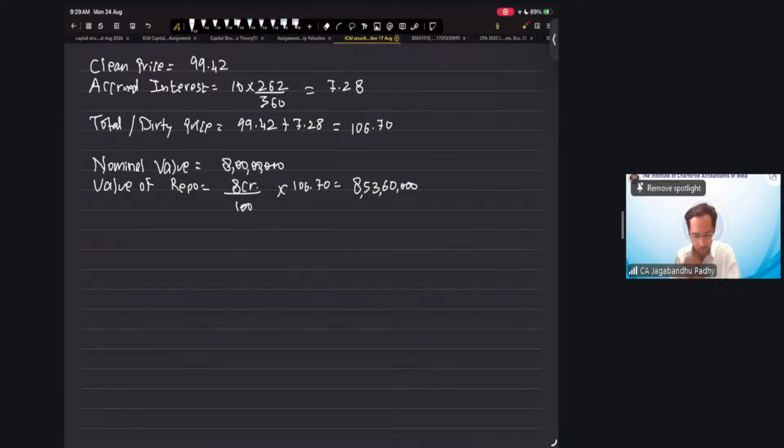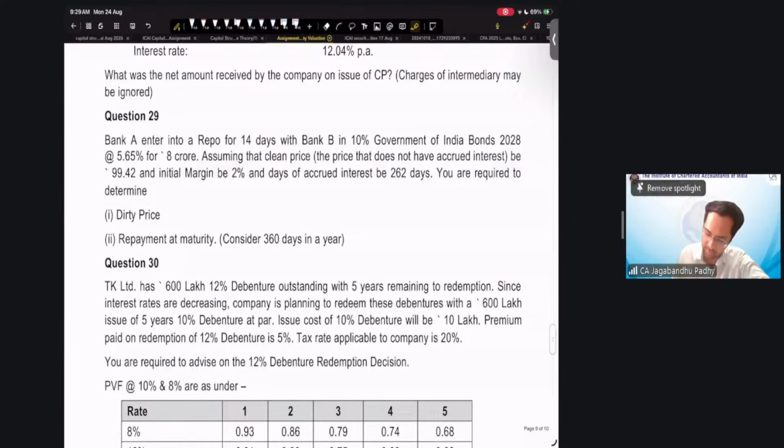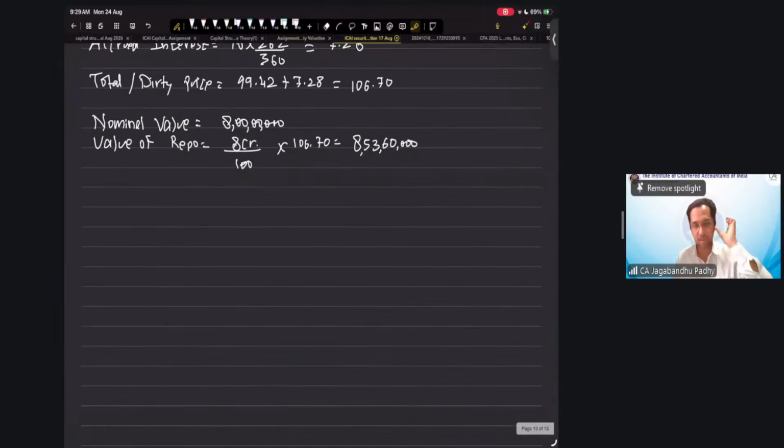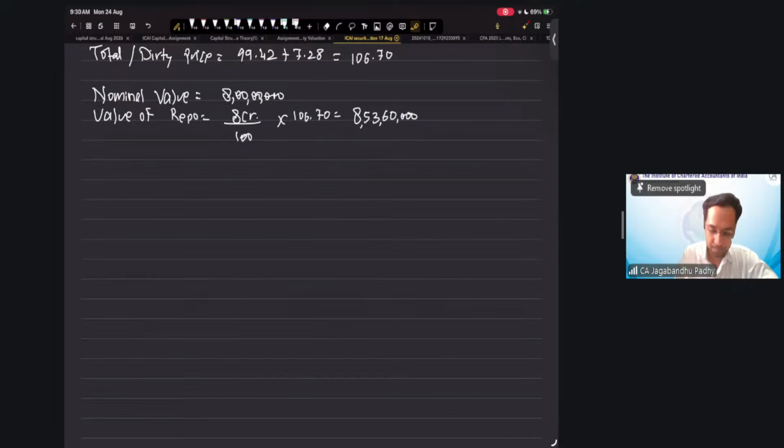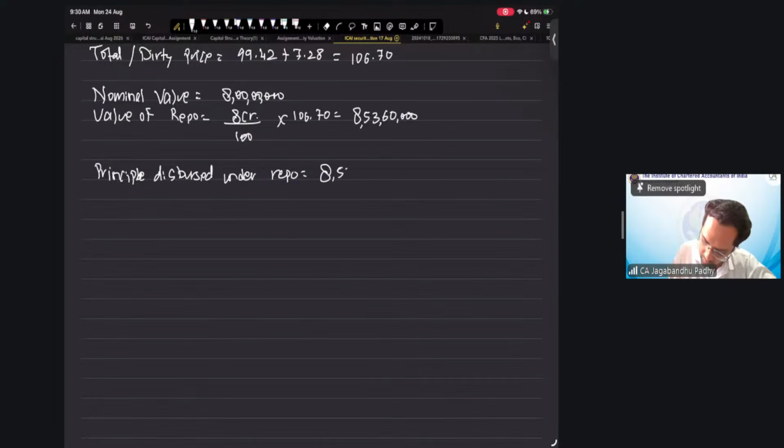But are we going to get this full value? No, we are not, because the question says there is a margin of 2%. If the margin is 2%, what will be the principal disbursed under repo? It will be 8 crore 53 lakh 60,000 into 98%, because 2% is the margin.